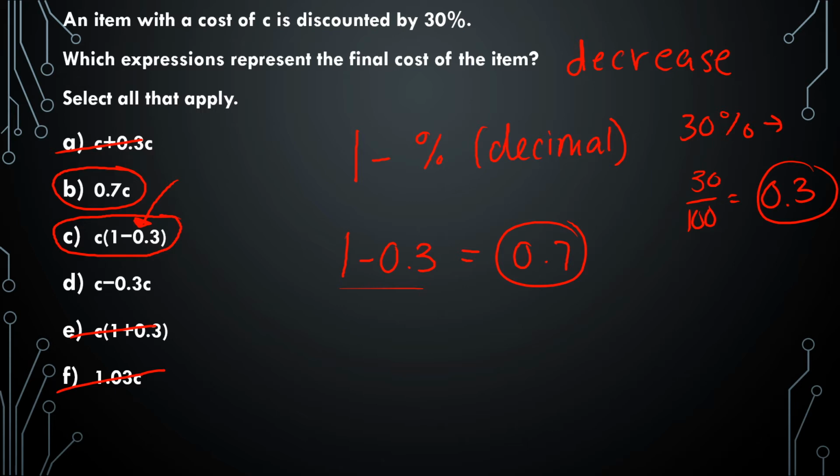So I don't know how much this item cost originally before it was discounted, but that C is what that represents. And D here is also an equivalent answer, because since I would have an invisible 1 in front of the C, if I were to take out those C's, I'd be left with 1 minus 0.3.